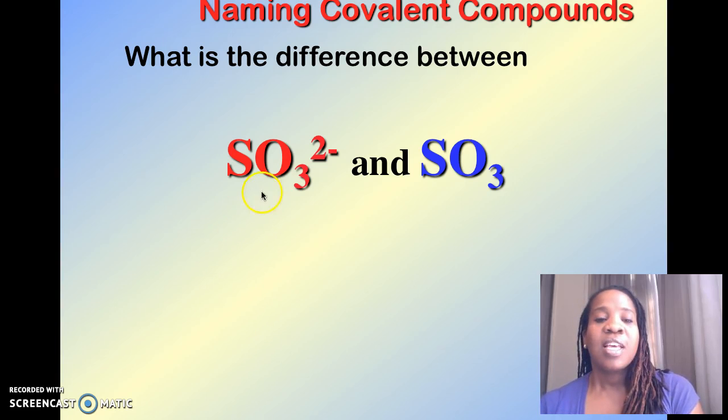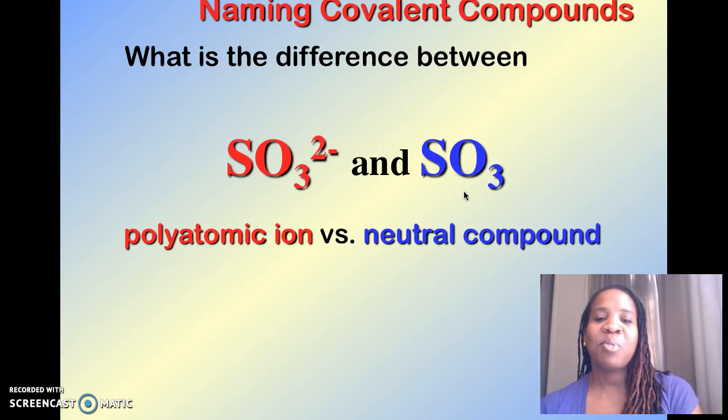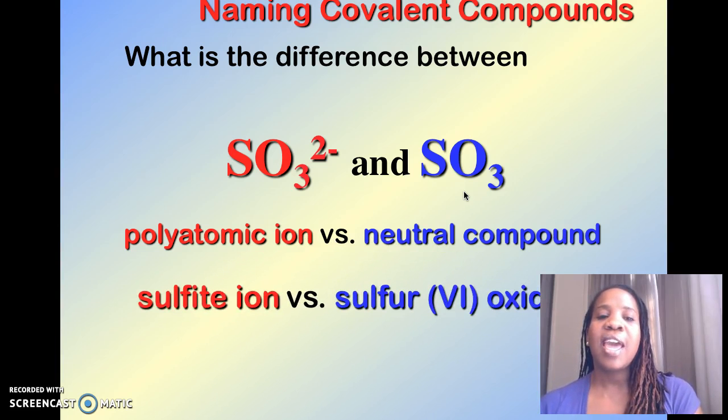So this is sulfate ion. This is a covalent compound, which is sulfur trioxide. So just remember that those are different. One is a polyatomic ion, the other one is neutral, so there's no charge. Sulfate ion versus sulfur trioxide.